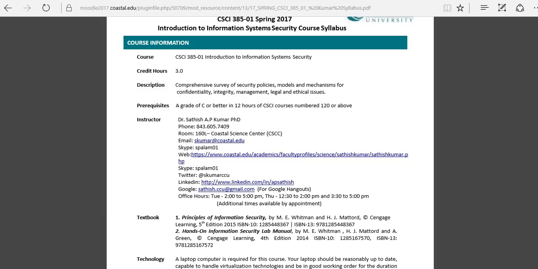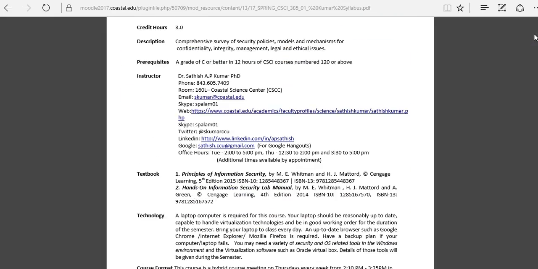So the textbooks that will be followed are the Principles of Information Security, 5th edition, and the Hands-on Information Security Lab Manual, 4th edition.